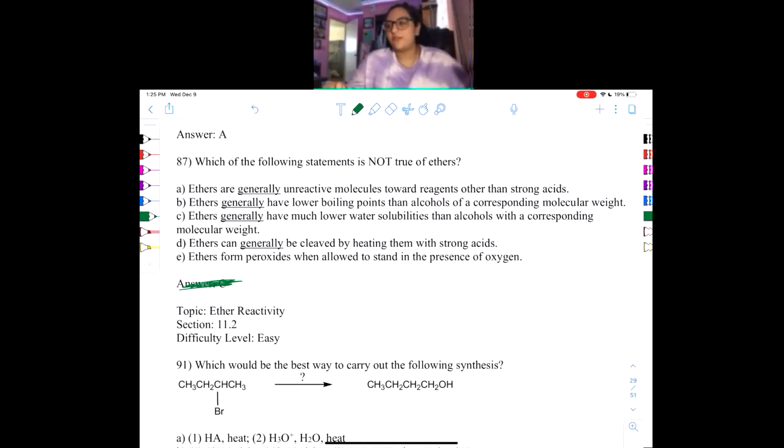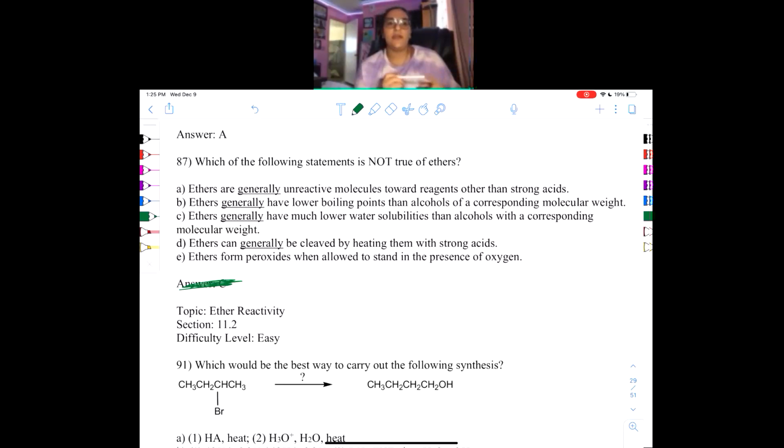Okay, so essentially, number 87 is asking which of the following is not true of ethers, and you will have a similar question to this. I don't think E will be there because we didn't really learn that, but we know that ethers are unreactive to everything besides strong acids, because we know that ethers are only cleaved in acid, besides epoxides.